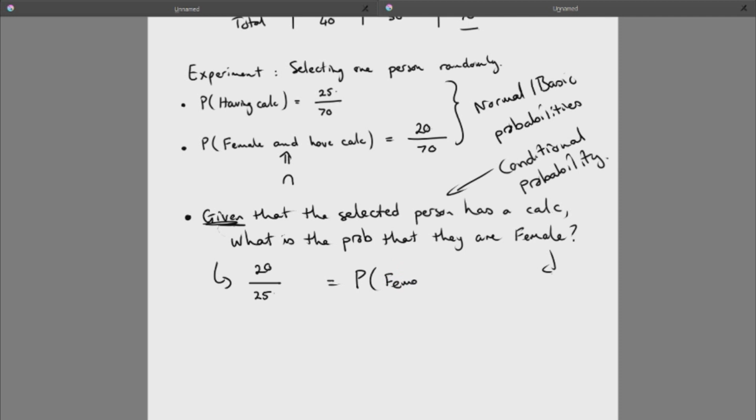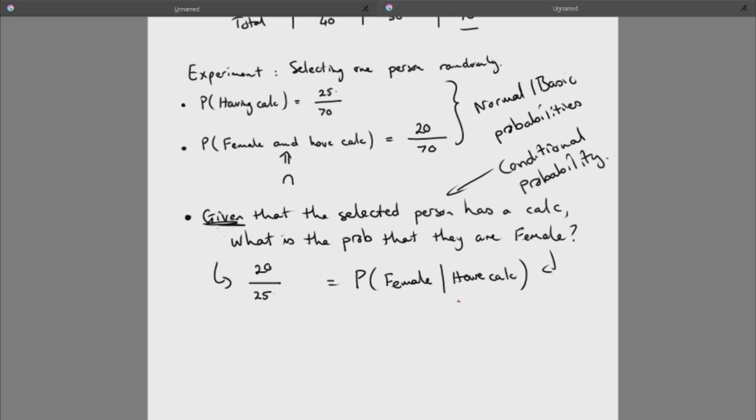In this case, female. Then I need to keep track of what was this given new information. So I'll put a longish line there, and then write down the given information, which is having a calculator. So that's how we're going to write a conditional probability.